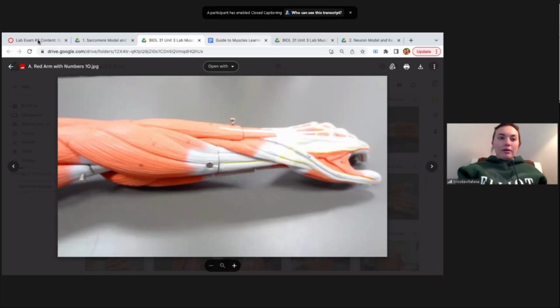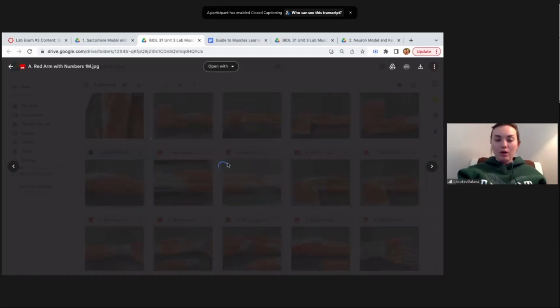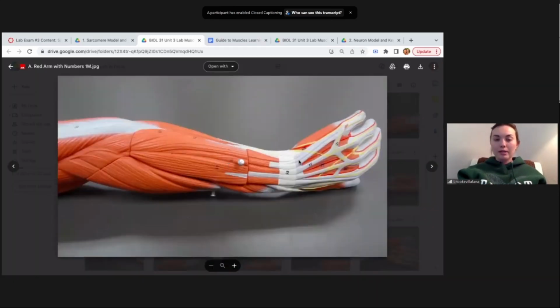All right, so let's look at the other picture. So if we look here, this is the forearm. We know that our hand is down here, and these are our extensor muscles. So again, these are the ones that we just labeled here: extensor carpi radialis longus, extensor carpi radialis brevis.